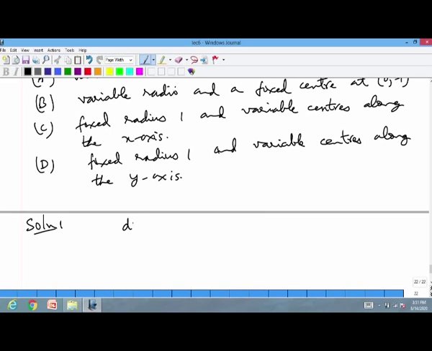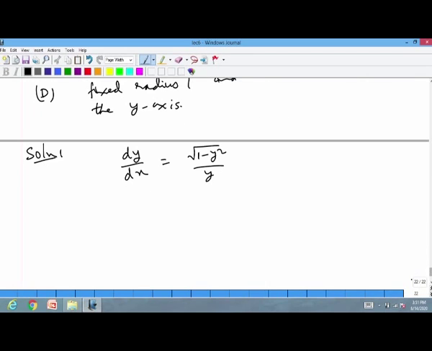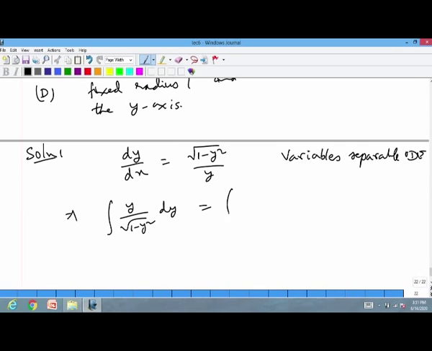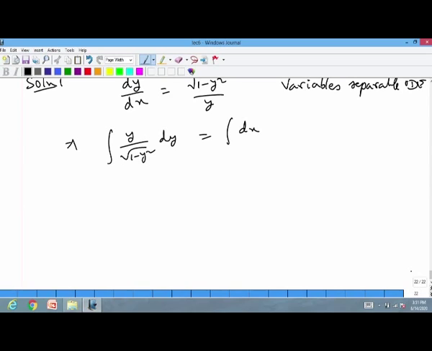So, we have dy dx equal to square root of 1 minus y square by y. This is a variable separable ODE. So, we can write this as y by square root of 1 minus y square dy equal to integral dx, and this is easy to integrate.